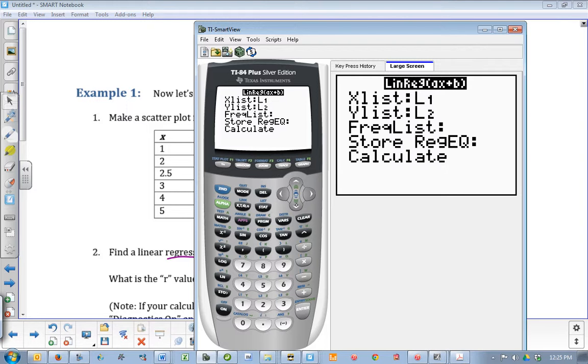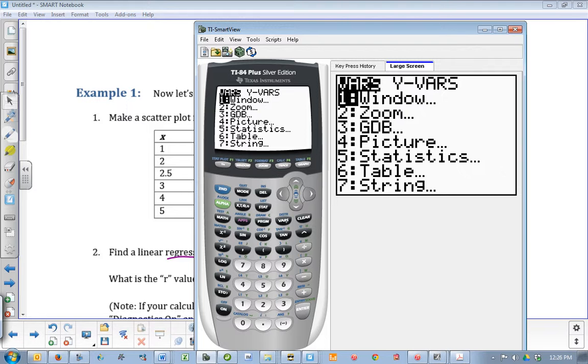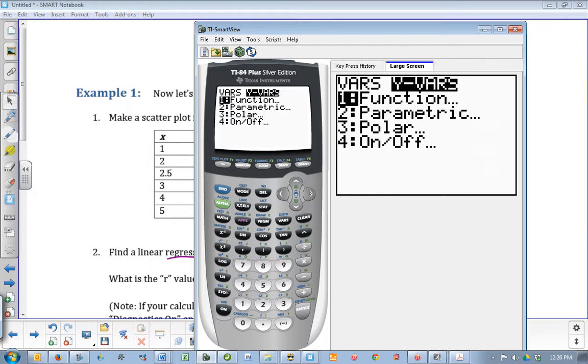And one more thing that we're going to want to do here is store the regression equation. We want to save it. And so what we need to do is tell it that we want Y1 in this spot. So where we're going to find that is under the Vars key right here. Okay? On the Vars key, vars for variables, we want Y-Vars.